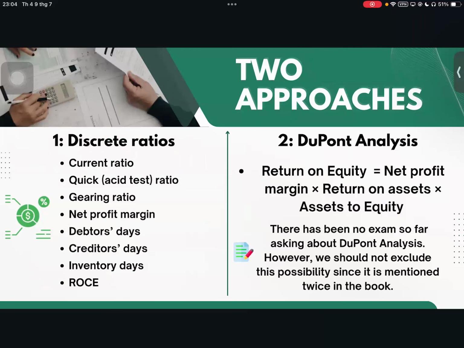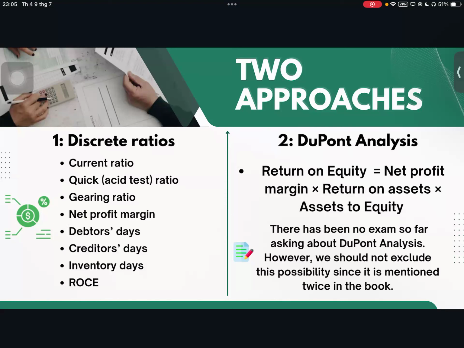In FM4, if you read the study guide and if you look through chapter 2 and chapter 4, also in chapter 1, they mention multiple ways to assess the supplier's finance. We can approach in the conventional one, where we can look at different ratios from the supplier, from their financial statements, something like the current ratio, quick ratio, the things that we already know from level 4, like FOM4 and FOM8.